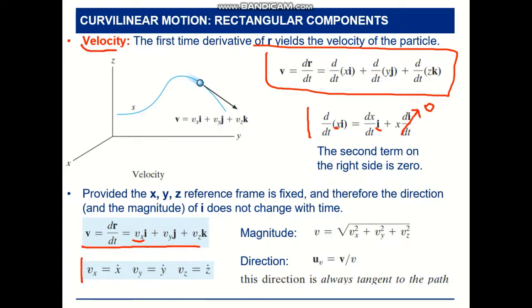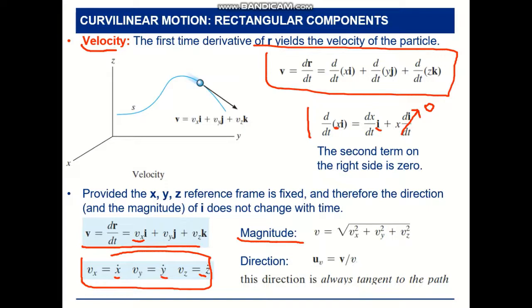Or we can write x dot for the x direction velocity, y dot for the y direction velocity, and z dot for the z direction velocity. This is all short notation. The magnitude of the velocity is given by taking the x direction velocity squared, y direction velocity squared, and z direction velocity squared, adding them, and taking the square root.